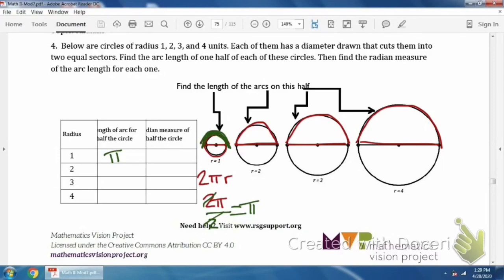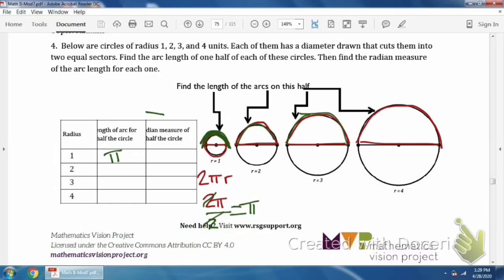Now remember, the second thing I said in the video about radians is that half of this, or 180 degrees, is pi radians. All of these arcs are different lengths. The arcs are all bigger and smaller.